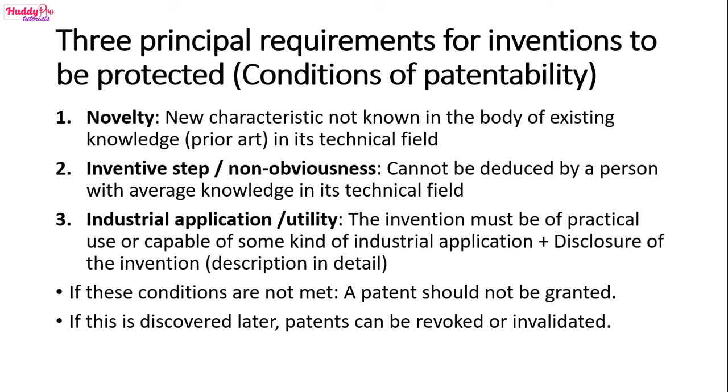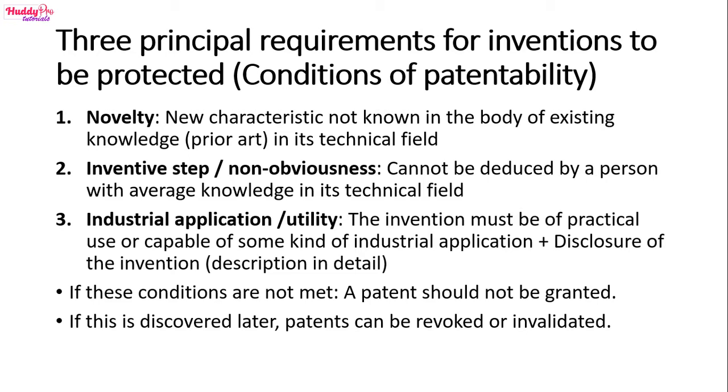Then the third one is industrial application or utility. The invention must be of practical use or capable of some kind of industrial application, and disclosure of the invention. So if you want your product or process to be patented, your invention must be capable of providing some industrial application.